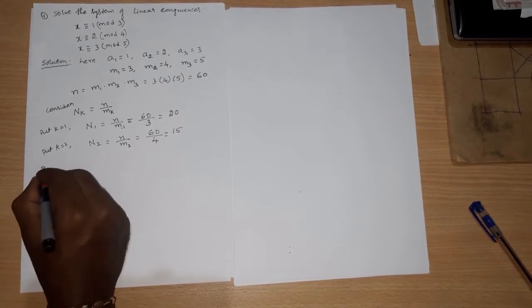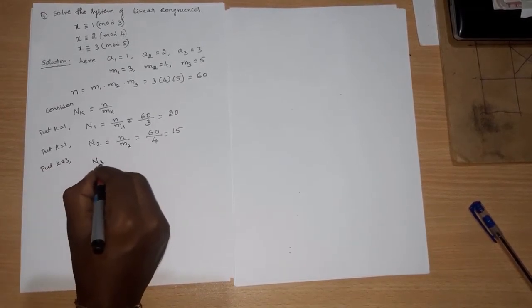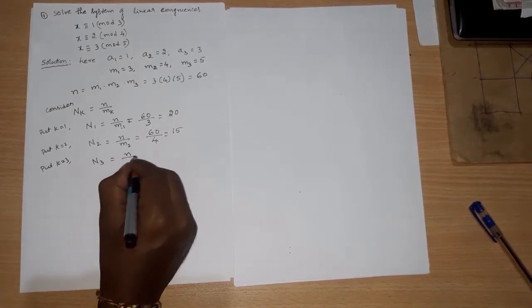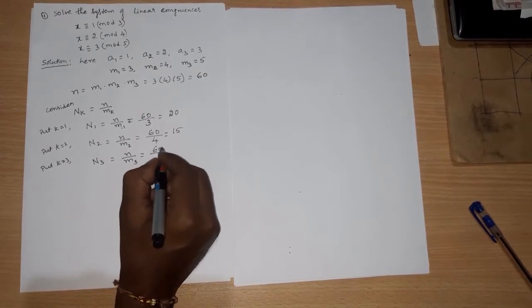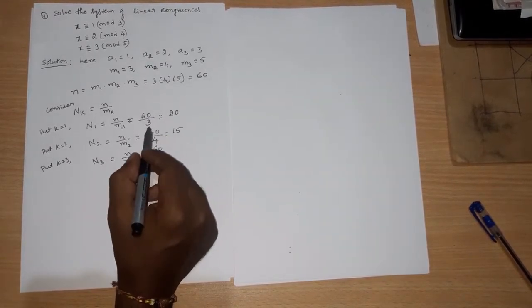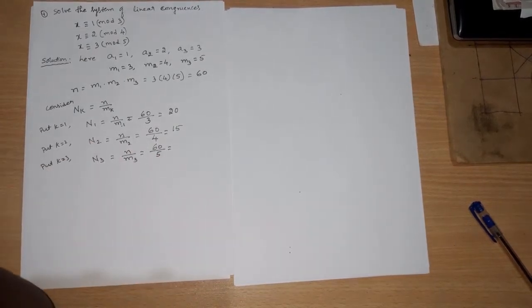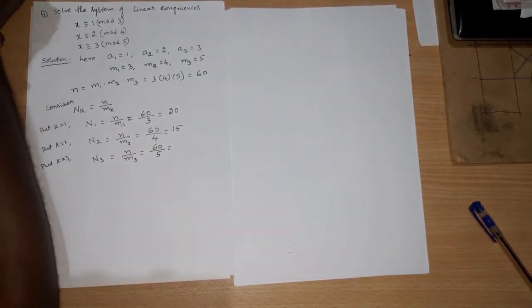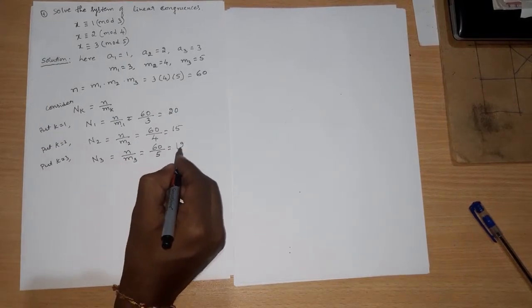Now here put k equals 3. So what do you get? n3 equals n divided by m3. So 60 divided by 5, you'll get 12.